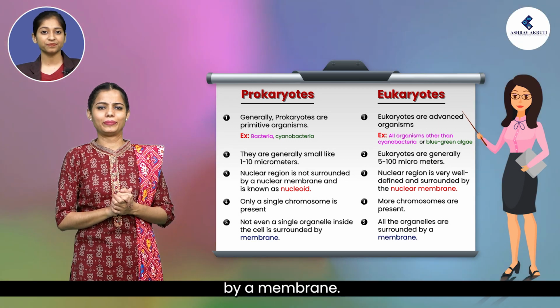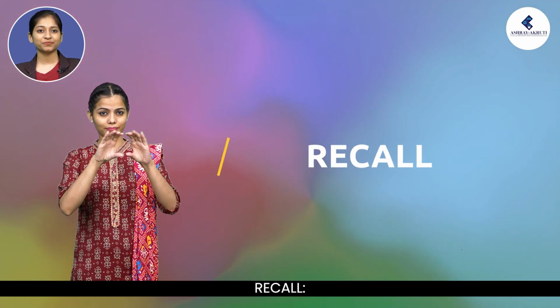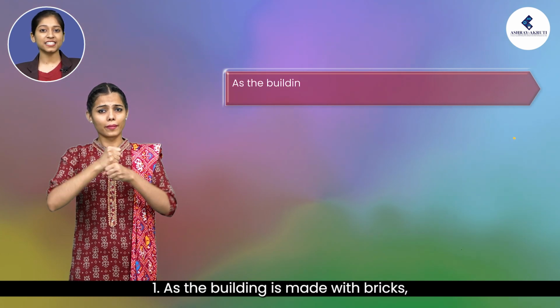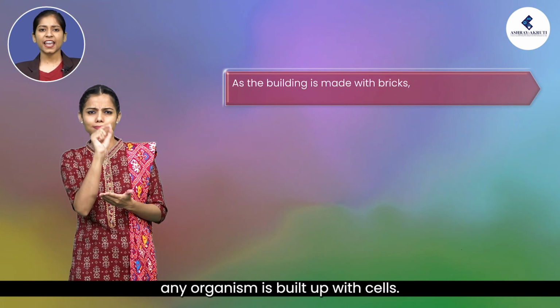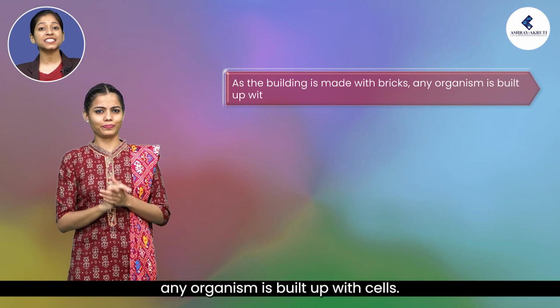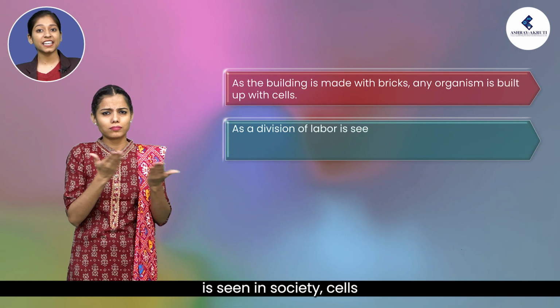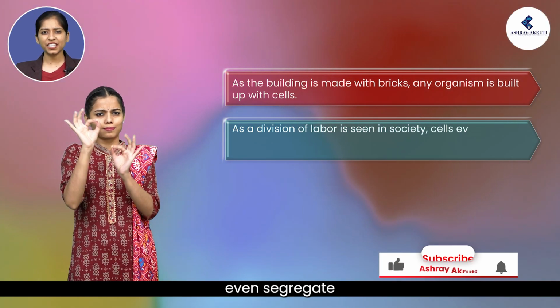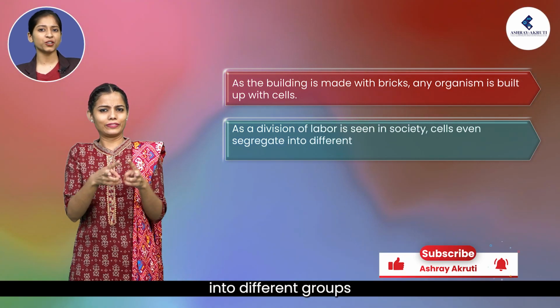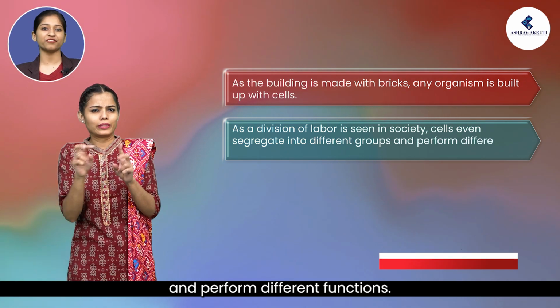by a membrane. Recall, as a building is made with bricks, any organism is built up with cells. As the division of labor is seen in society, cells even segregate into different groups and perform different functions.